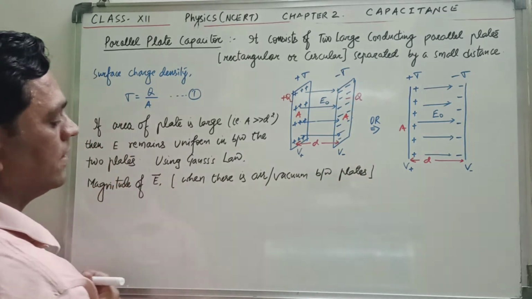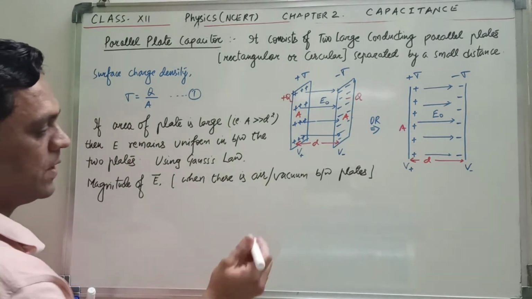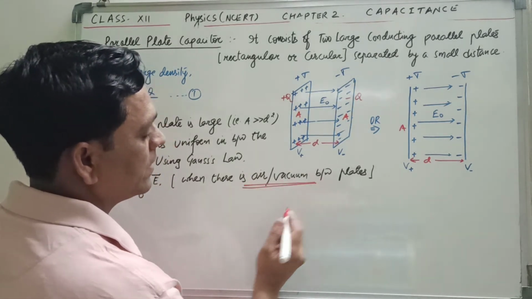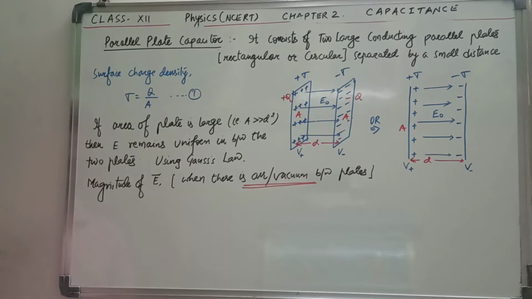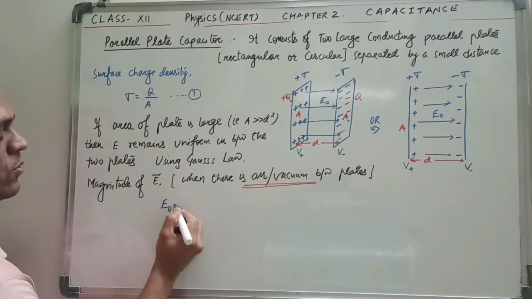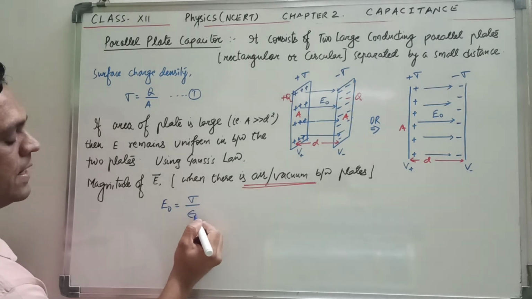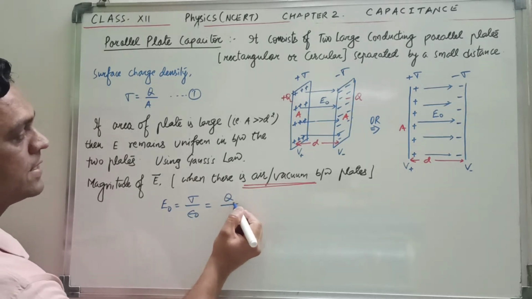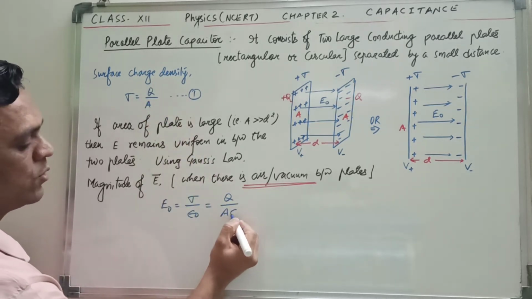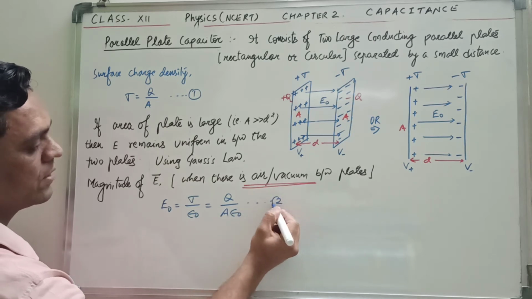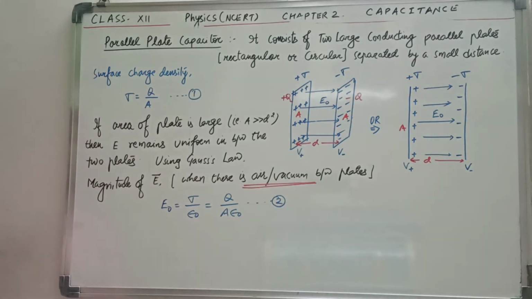We take the medium between the two plates to be air or vacuum, correct? Yes, given by, you must be remembering from chapter number 1, E naught comes out to be sigma upon epsilon 0. Since sigma is Q upon A, this is Q upon A epsilon 0. Let me put this as equation number 2 here.